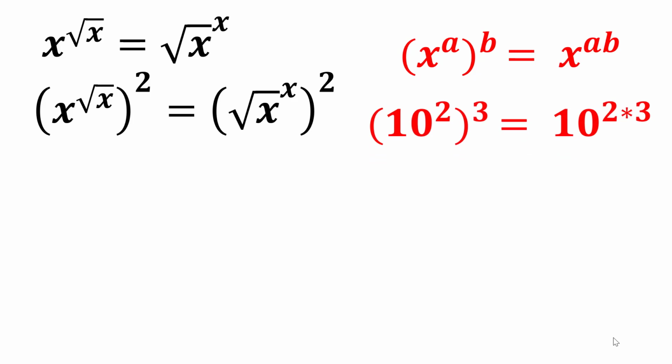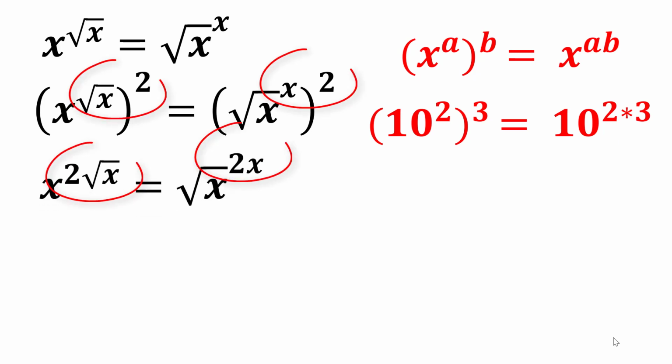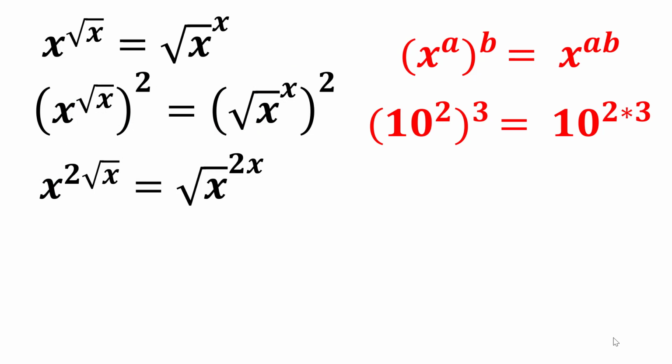Example, (10 to the power of 2) whole to the power of 3 is equivalent to 10 to the power 2 into 3, which equals 10 power 6. So applying the same, the equation becomes x to the power 2 root x equals root x to the power 2x. We know that square root of x can be written as x to the power of 1 by 2.